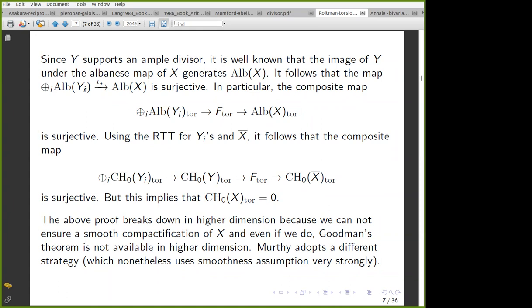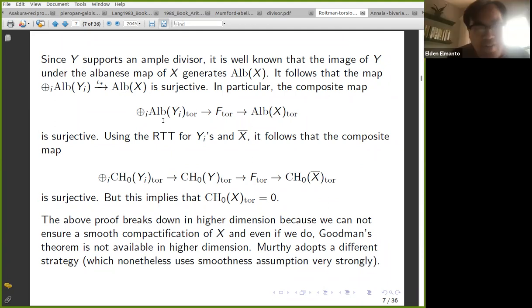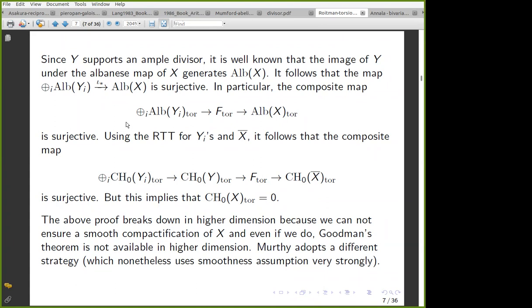So it follows that if you take the sum of the Albanese of all components of Y, then this is surjective. I have a quick question. Is this some kind of Lefschetz hyperplane theorem, right? This is what you're using? No, there is no Lefschetz here. I just proved that Y must be ample, and I just showed that if you have an ample divisor, then its image always generates the Albanese.